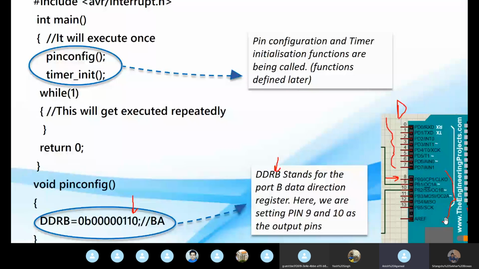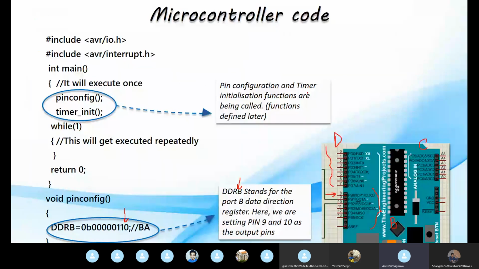Alright. So here, as you can see, we have set the second bit from the right and the third bit from right to 1. What does this mean? We have set pin number 9 and pin number 10 as output. Setting them to 1 means they will be acting as output pins.